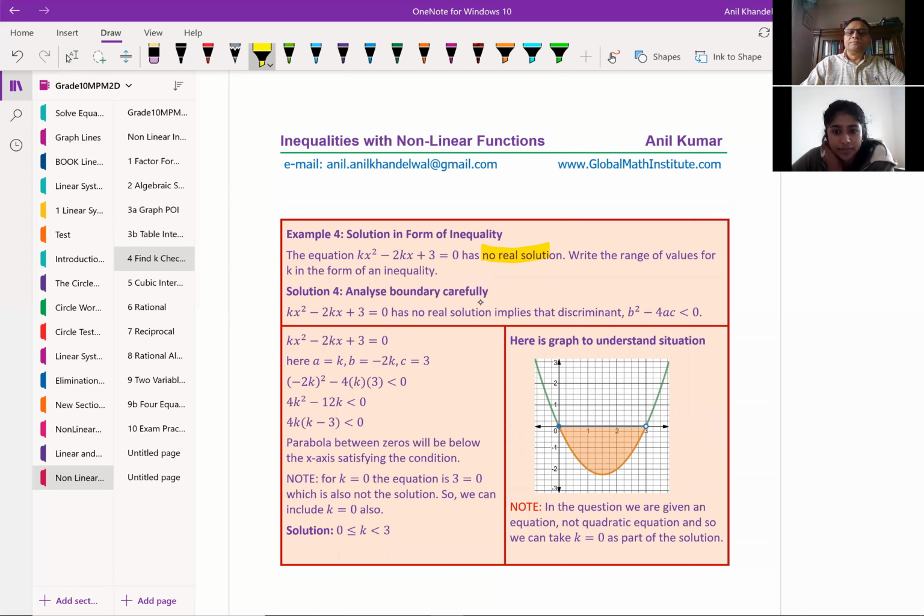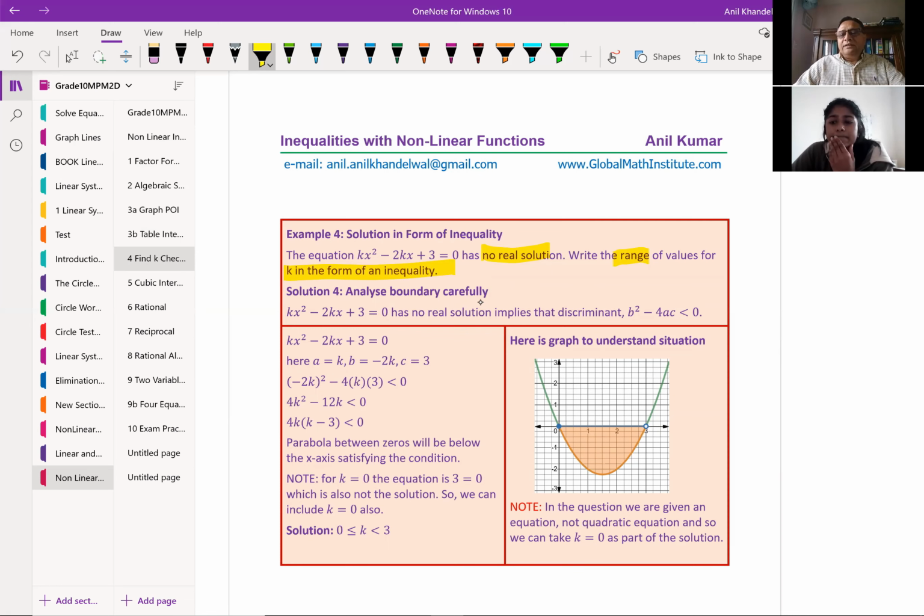Write the range of values for k in the form of an inequality. Correct. Beautiful question, Amy. Thanks for sharing such things. Now here's the reverse way, right? We are given an equation, and it says no real solution. Write the range of values for k in the form of an inequality.